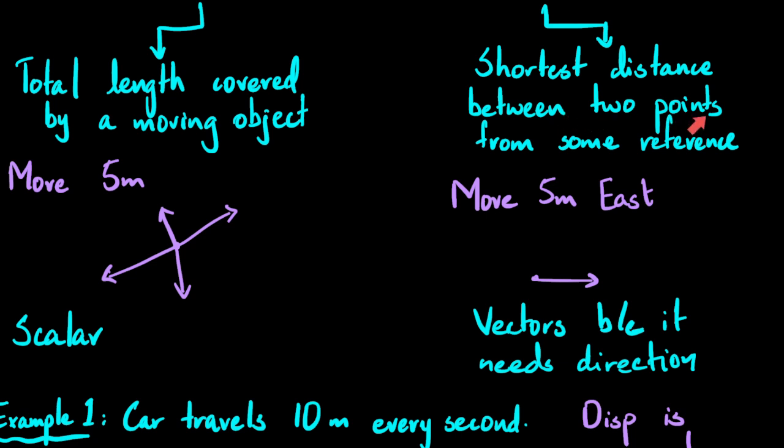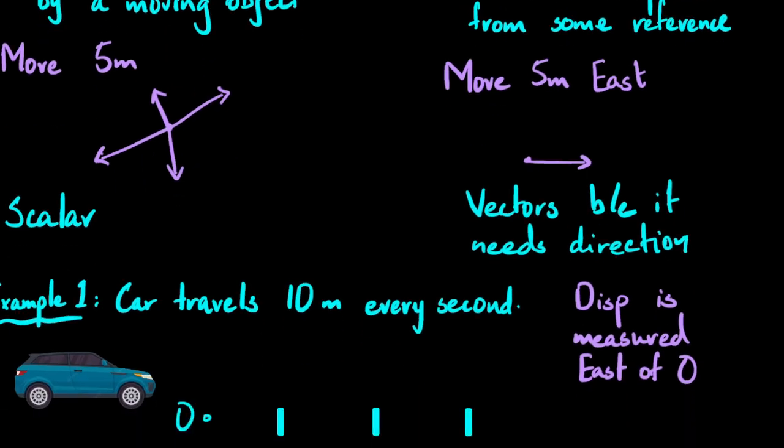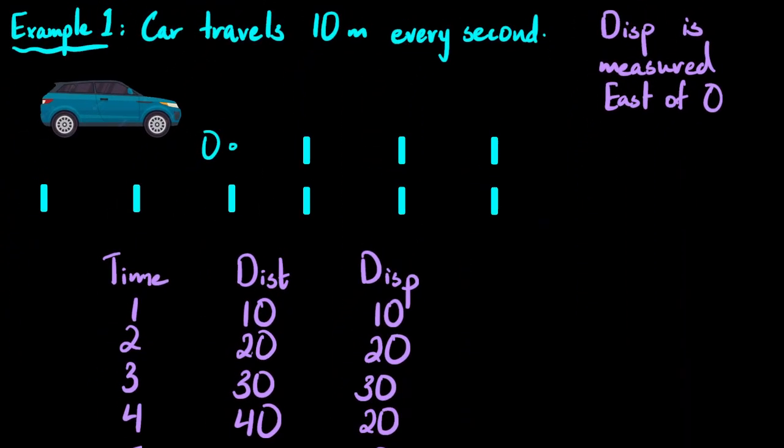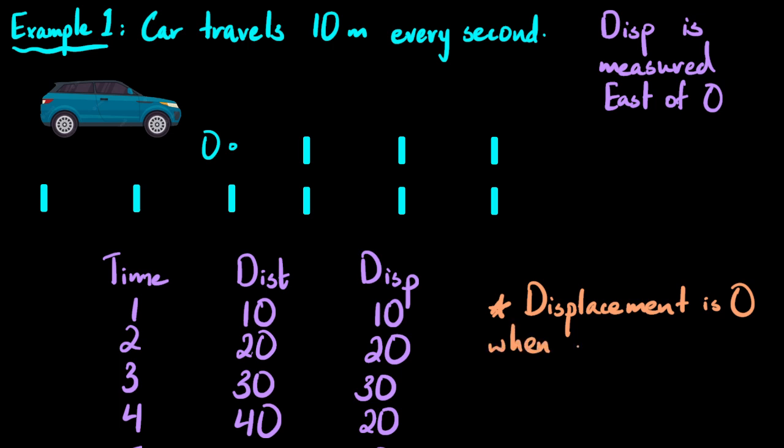But what if both of the points are the same point? Then there is no distance, right? So remember this always. I'm writing this here. Displacement is 0 when you return to the starting position.